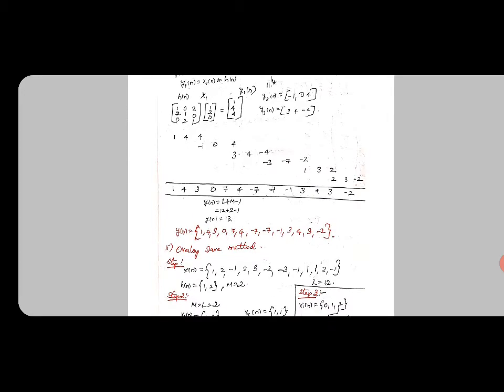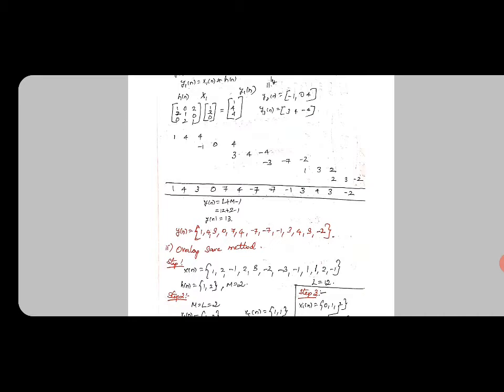We know that h of n is 1, 2, and we append a zero. Then we need to rotate the h of n values, giving the matrix 1, 2, 0; 0, 1, 2; 2, 0, 1, and the x1 of n value is 1, 2, 0. By multiplying the two matrices we can get 1, 4, 4, which is y1 of n. Similarly, we need to find y2 of n, y3 of n and so on.